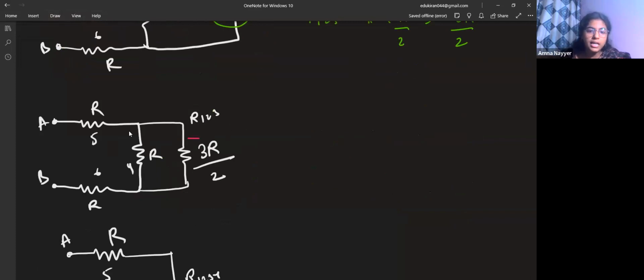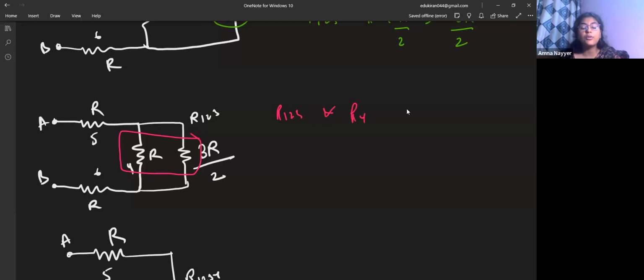Now coming to their connection. What type of connection do they have? You can see branching is occurring, wires are getting divided. It means potential is remaining same, current is getting divided. This is your parallel combination. So R123 means this 3R by 2. The three resistors have been combined and have been named as 3R by 2.